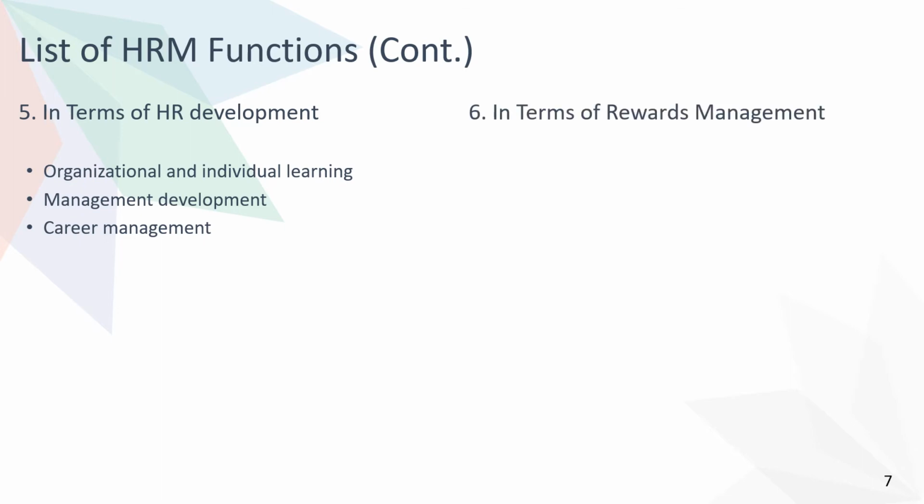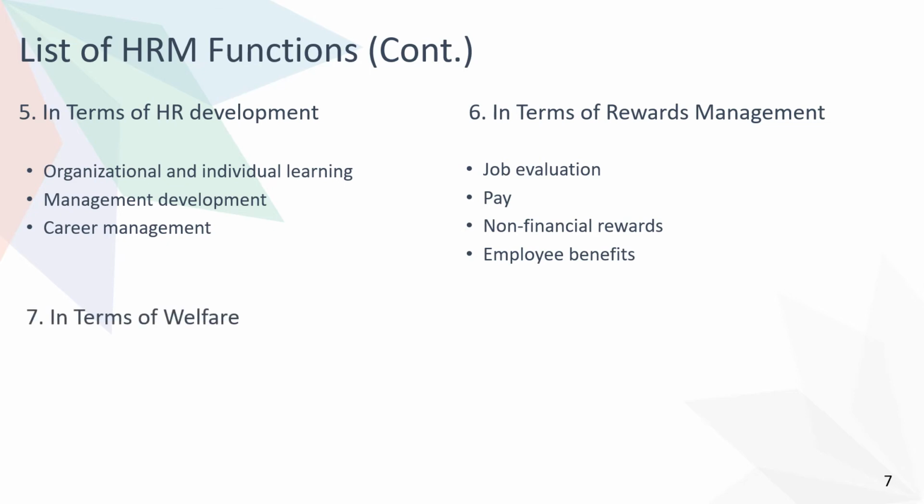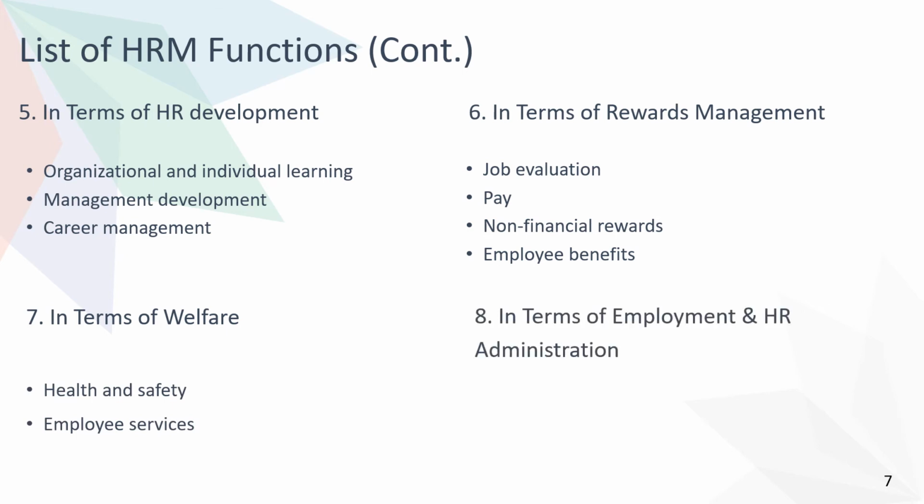Now in terms of rewards management, like job evaluation, pay, non-financial rewards and employee benefits. In terms of welfare, health and safety, employee services. Now in terms of employment and HR administration, here we see the employment practices and procedures and HR information system.